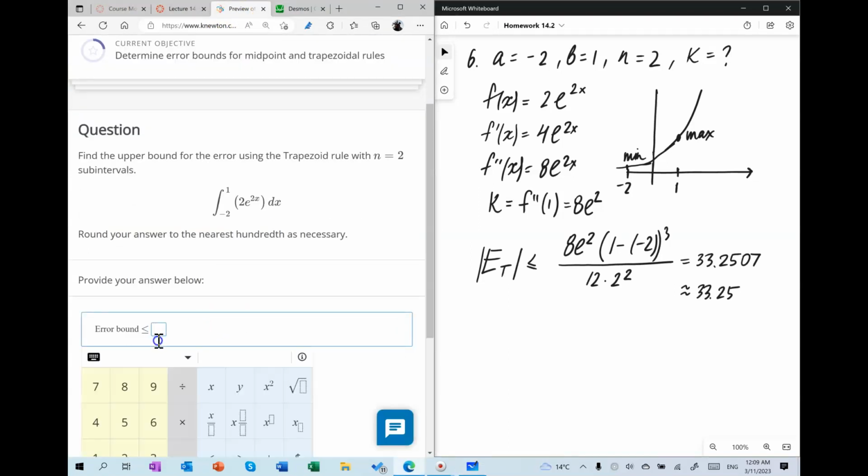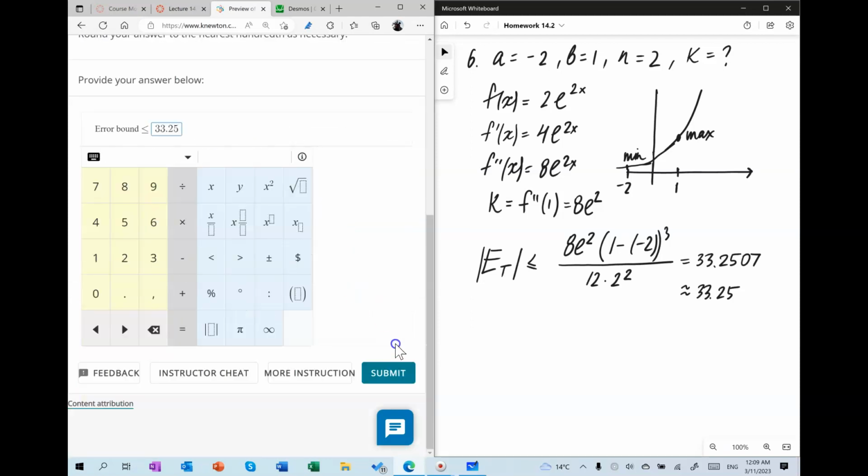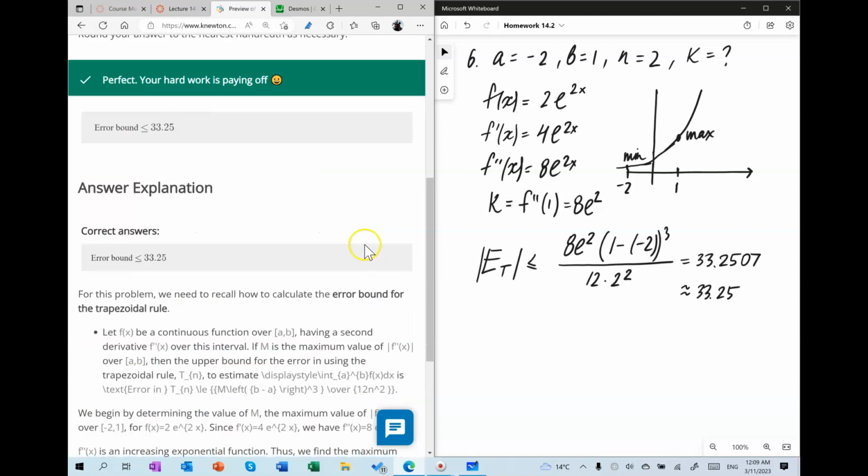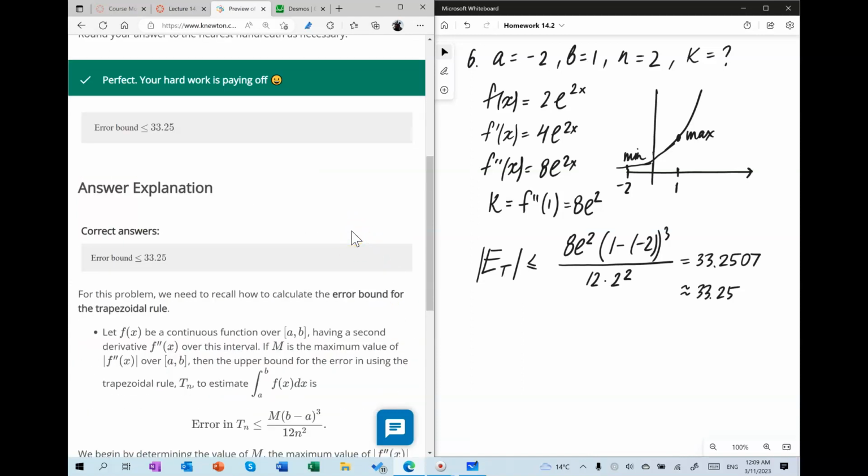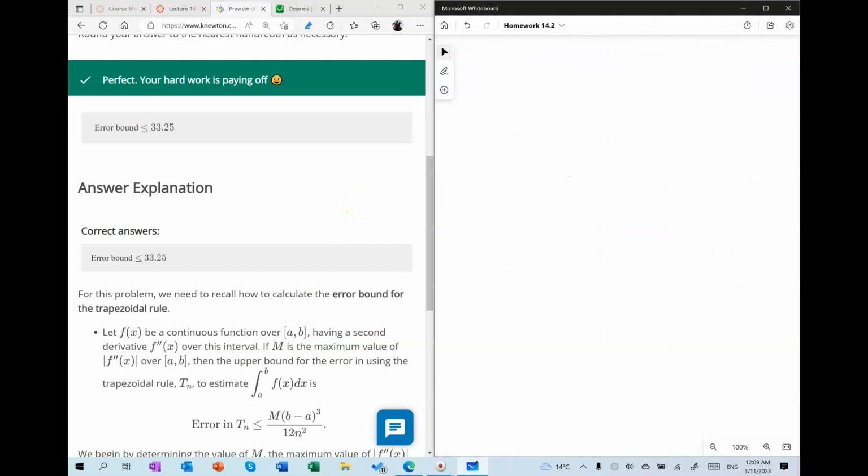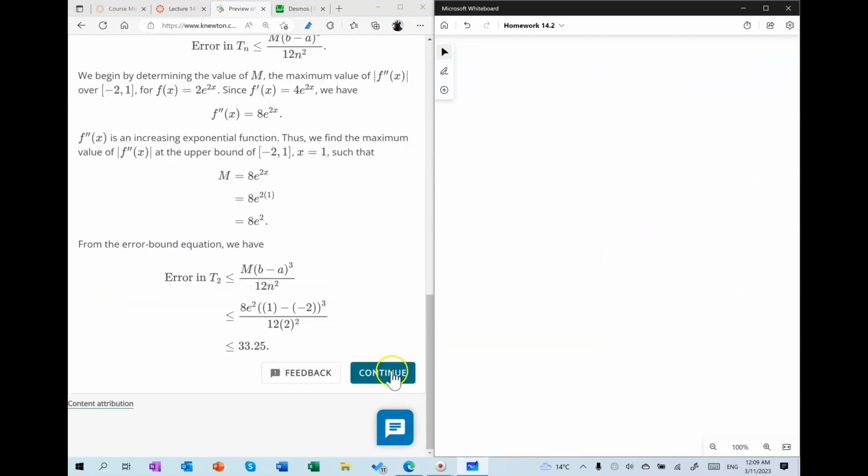But large is a relative term in this case. 33 could be large if your overall value is 50, but 33 is not large if your area is 1000 of something. All right, so we're ready to advance to the next question.